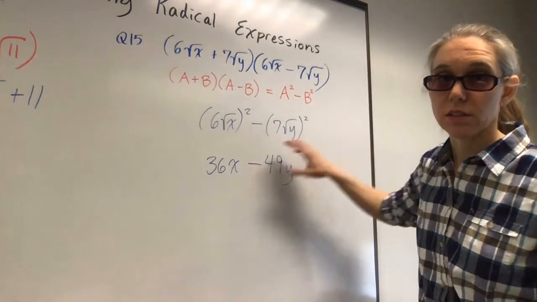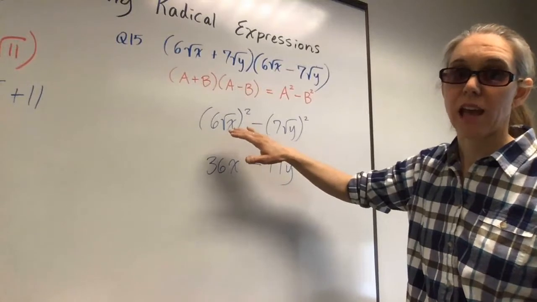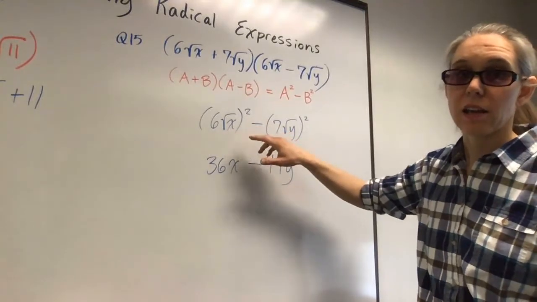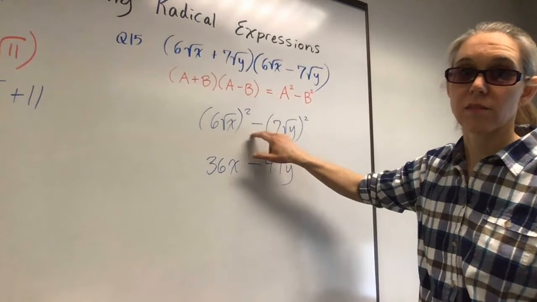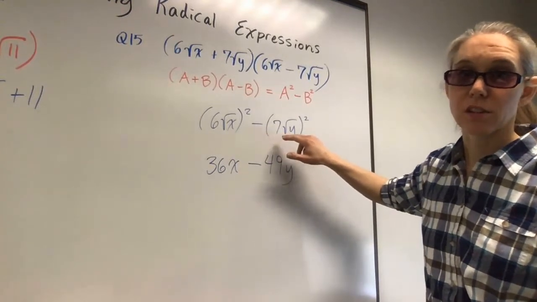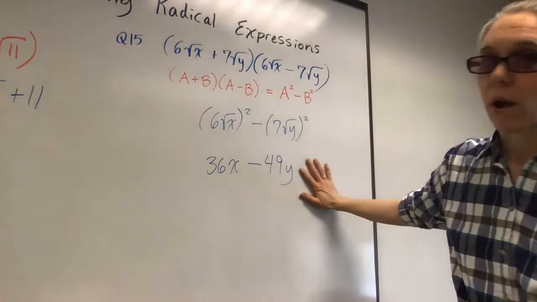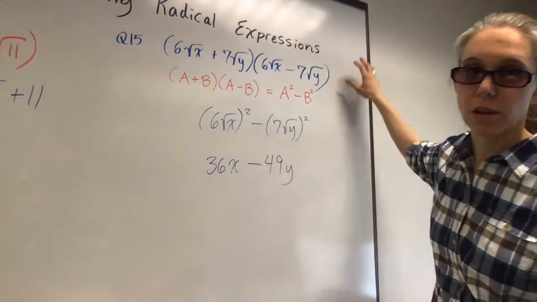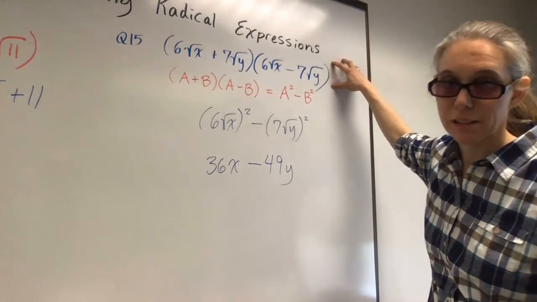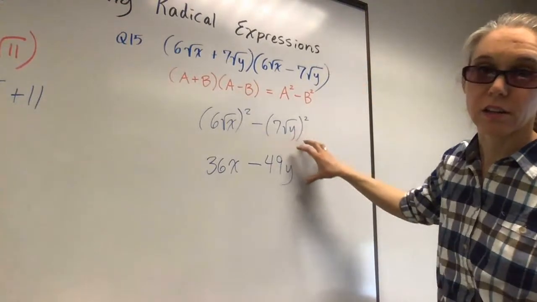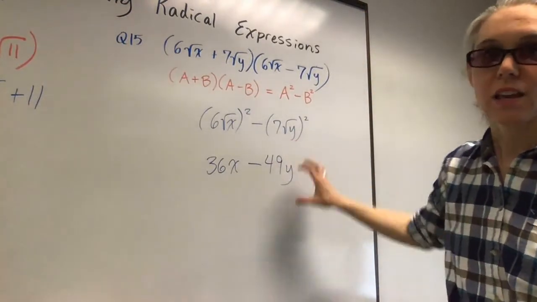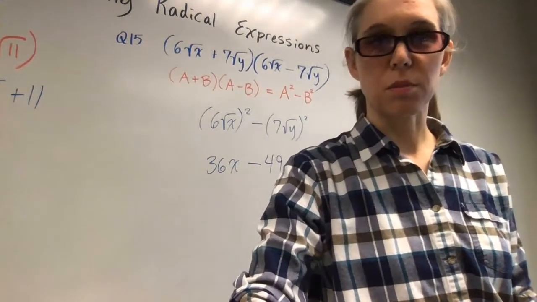So what we can do is take the a term, 6 root x, and square it, and then use the subtraction sign here, and then we square the b term, 7 root y squared, and we end up with this. This one does not require any work, okay? So if you can identify this as a difference of squares here and go straight from here to here, that's wonderful, okay?